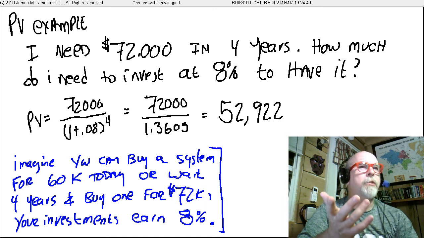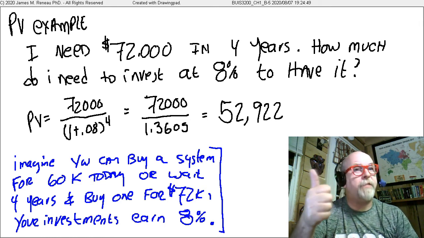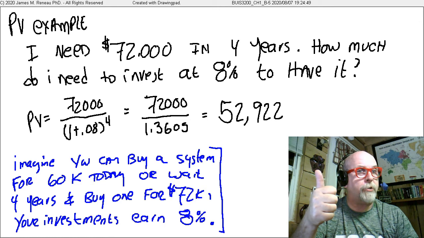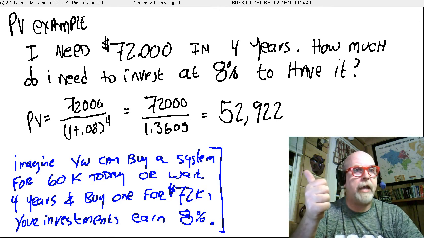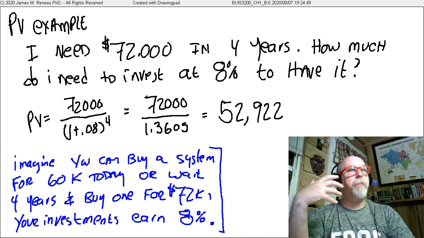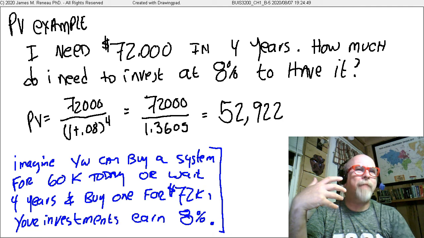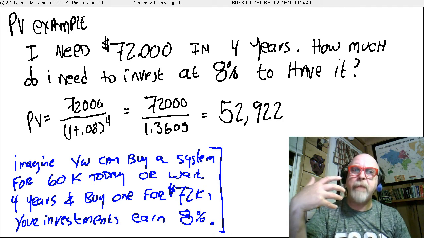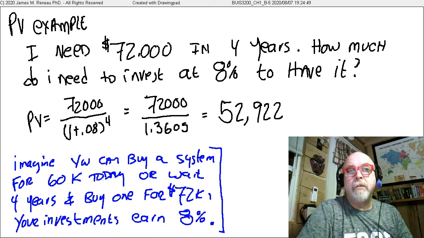Well, that $72,000 system in 4 years at 8% discount really is only a $52,000, $53,000 purchase today versus the $60,000 system purchased today. So by converting them both to present values, I can say, well, it looks like it's actually cheaper for me to hang on for 4 years. It's actually a better deal.